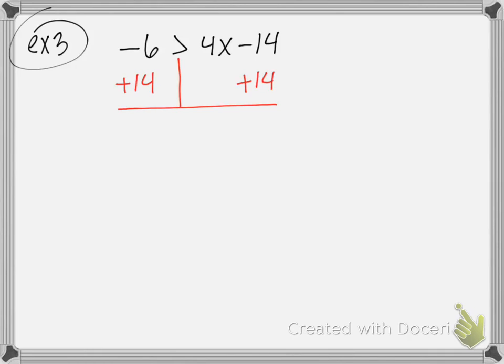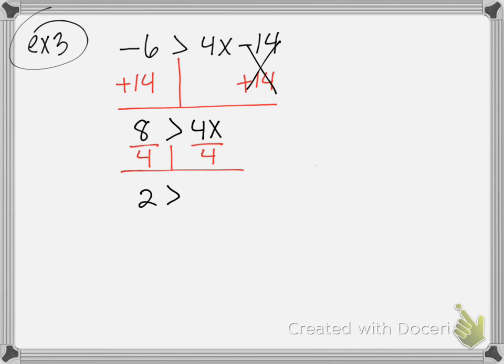And then I should get 8 is greater than 4x, right? Because this cancels out. And then my next step will be to divide by a 4. Right? So my answer would be 2 is greater than x because the 4 cancels out.